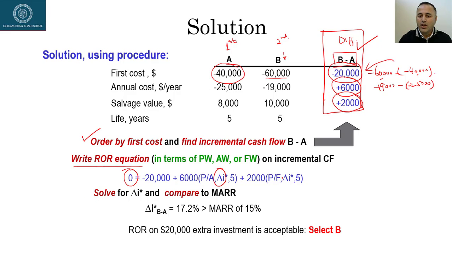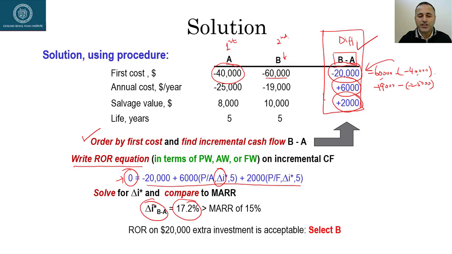We can easily use Microsoft Excel, use a spreadsheet function, and calculate delta I. Or if you do not have access to a computer, you can use interpolation. We have already learned both techniques. If delta I is 17.2%, it will make the present worth of all incremental cash flows equal to 0.